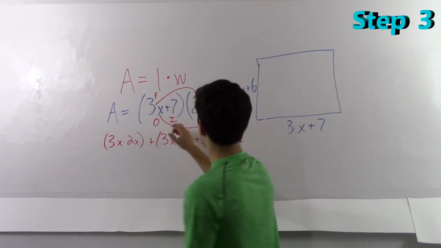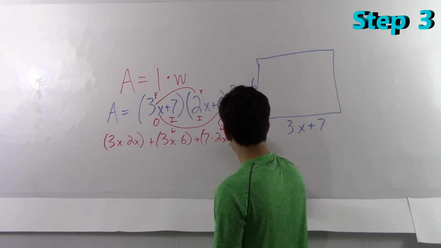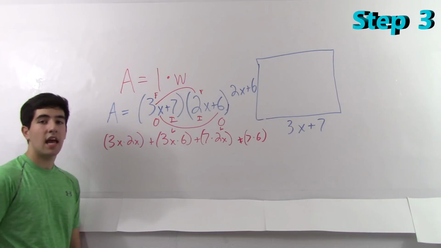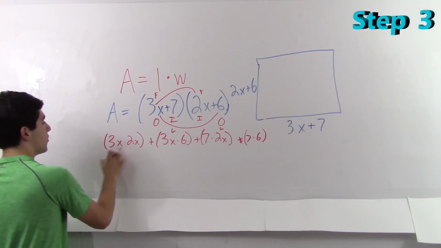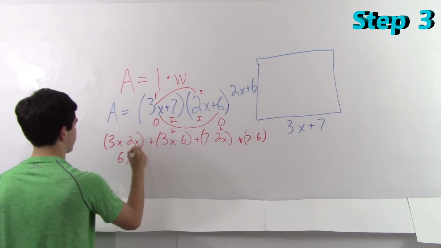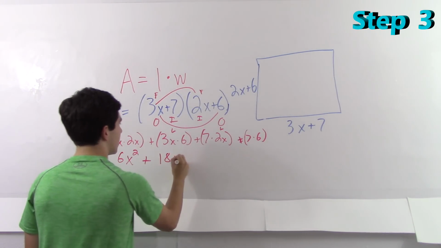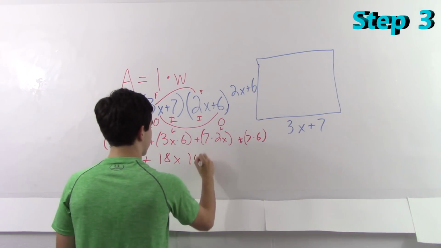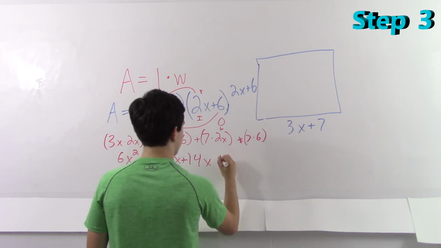And our last term, 7 and 6. And then you follow your FOIL steps, which is next to multiply. 3x times 2x is 6x squared. 3x times 6 is 18x. 7 times 2x is 14x. And 7 times 6 is 42.